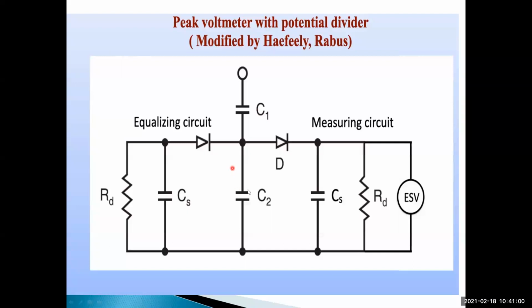C1 is manufactured using a gas type dielectric material, so it can handle very high voltages. C2 handles very little voltage and uses paper or mica as dielectric.